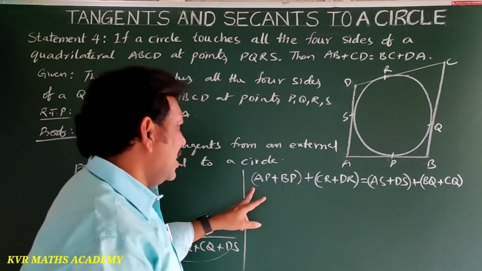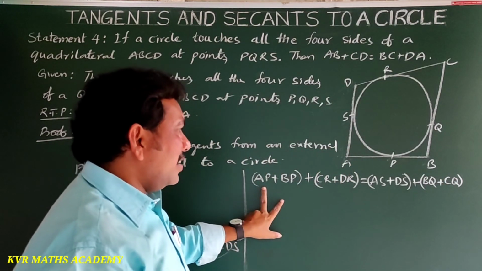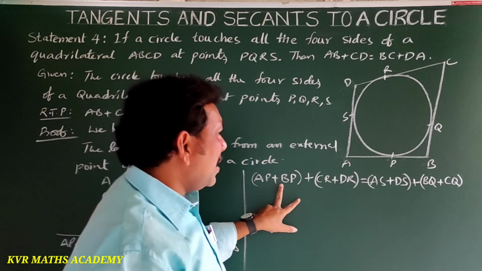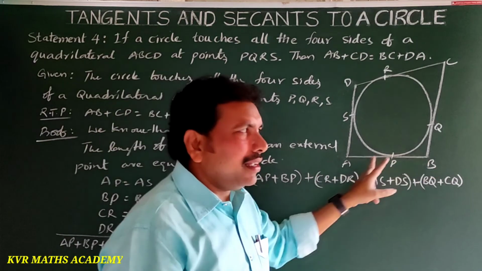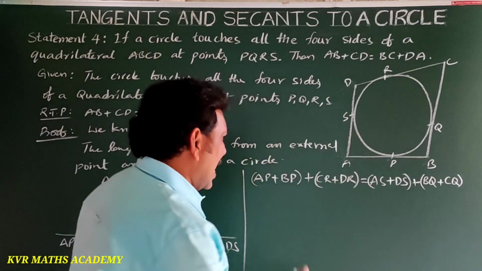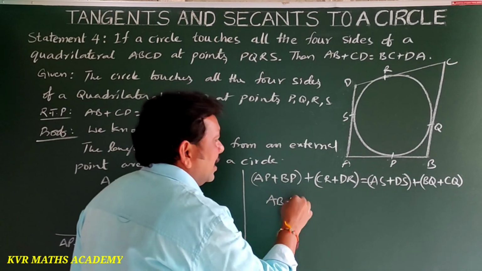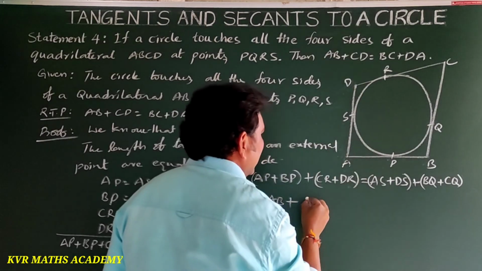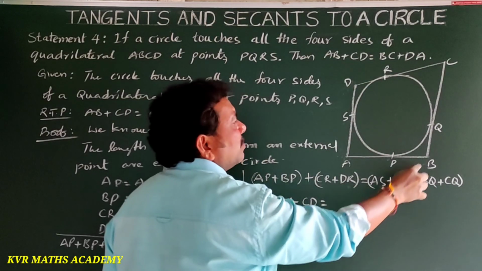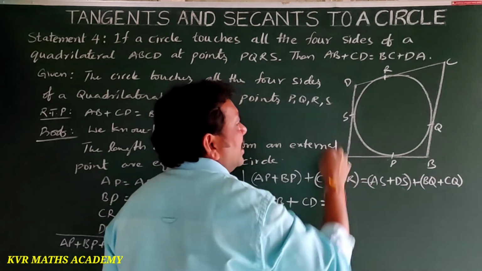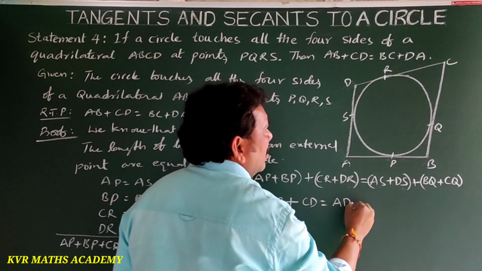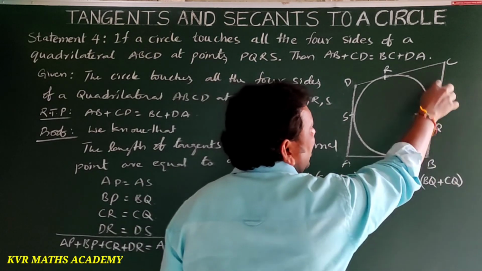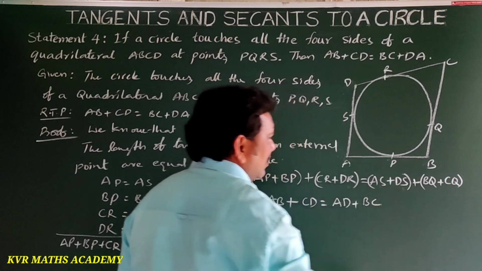Understood clearly? Yes. Here from the figure we can easily say AP plus BP is equal to AB, CR plus DR is CD, AS plus DS is AD, and BQ plus CQ is BC.